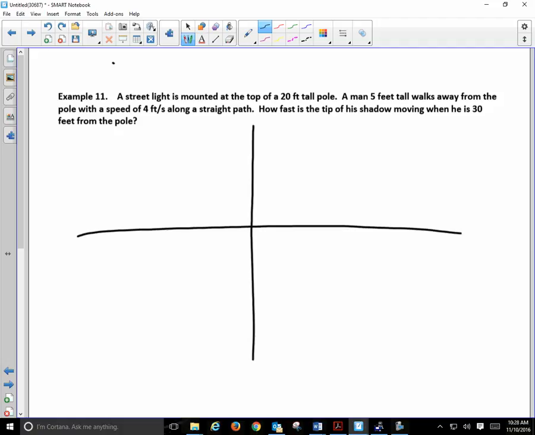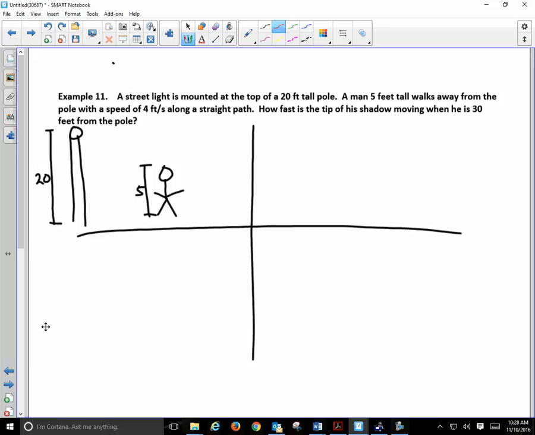We have a street light on a pole, and a man in front of it. He's 5 feet tall. The lamp pole is 20 feet.